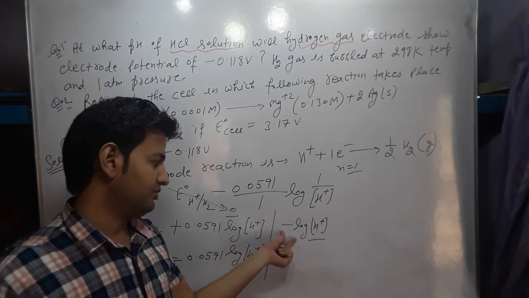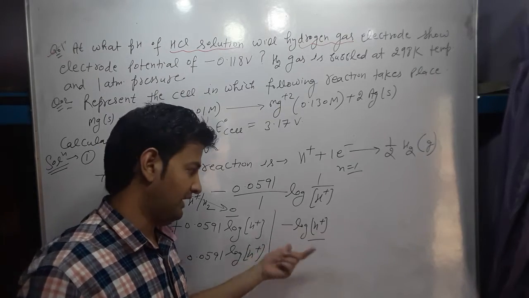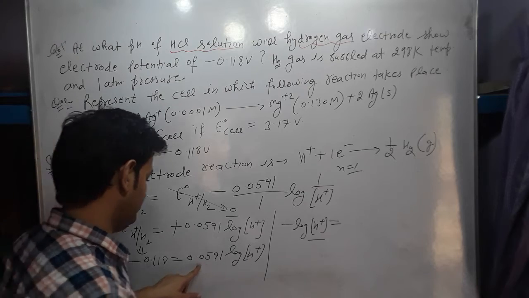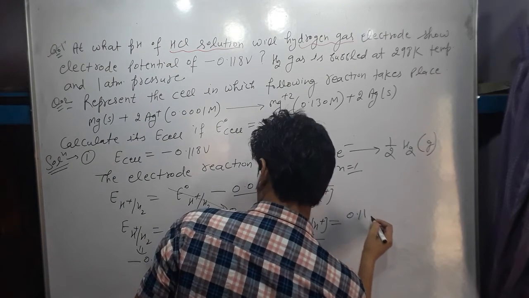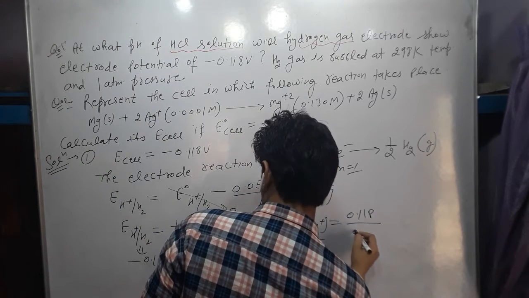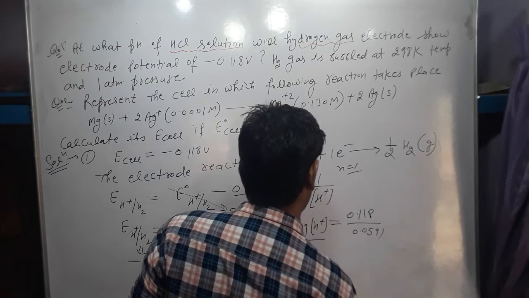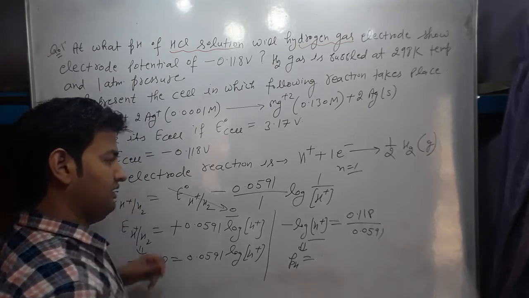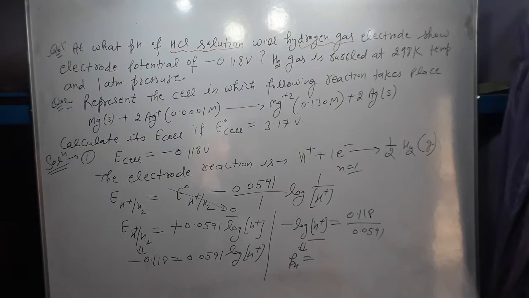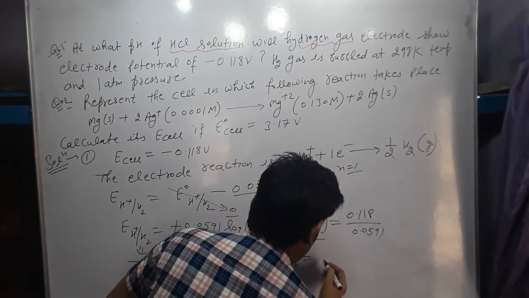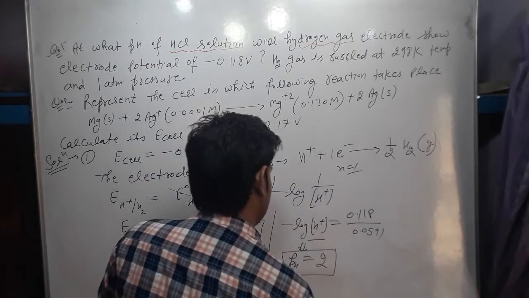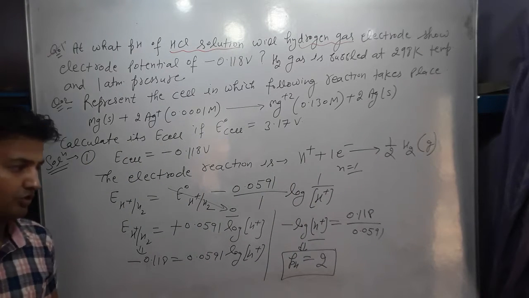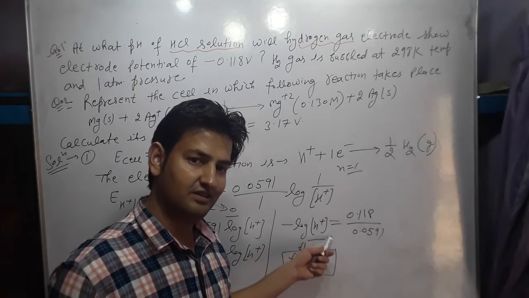Because minus log of H plus is equal to the pH. So it is 0.118 by 0.0591, and minus log of this is equal to pH. We can calculate it by dividing, and it comes out to be approximately 2. So pH is equal to 2, because minus log of H plus ion concentration is equal to pH.